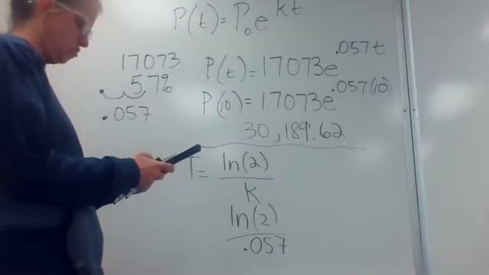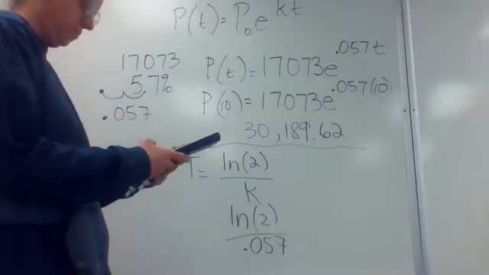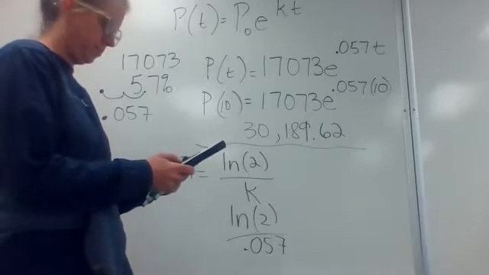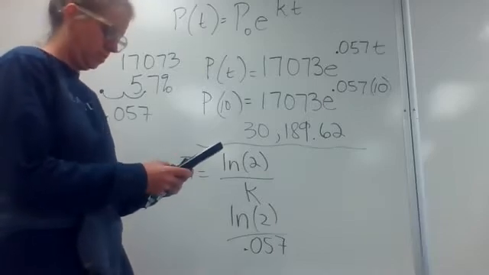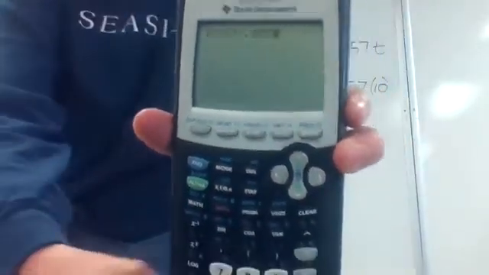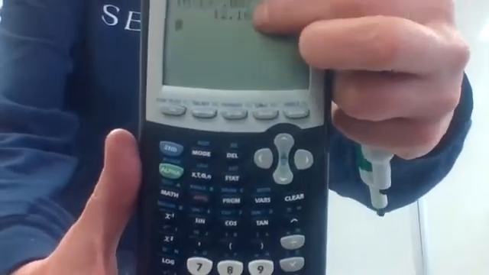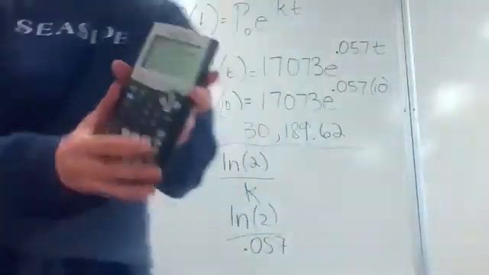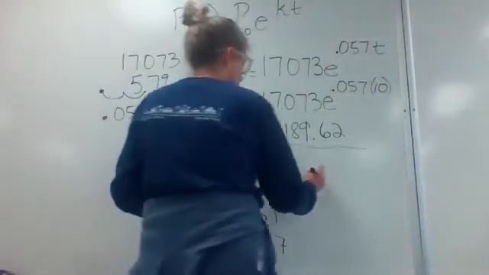So ln of 2 over 0.057, rounding to 1 decimal, is 12.16, which means we'll round that to 12.2.